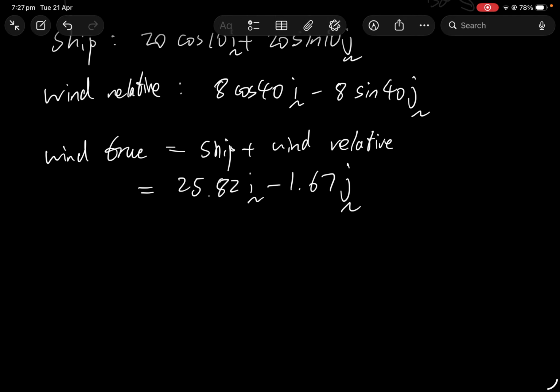And that's it. Well, no, that's not it. That's the component form. We want to find the true speed and direction of the wind. So first, let's find the magnitude, which is the speed. So that's just Pythagoras.